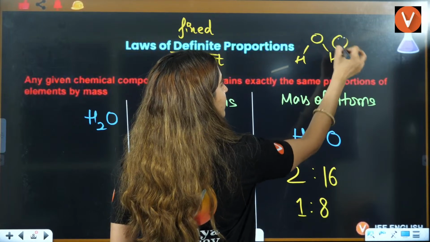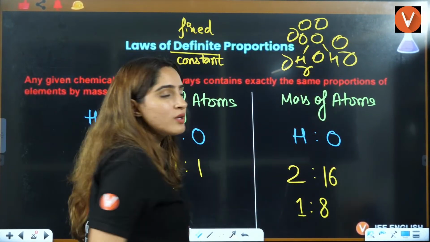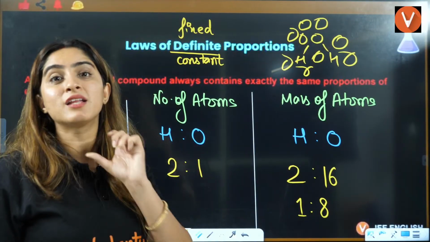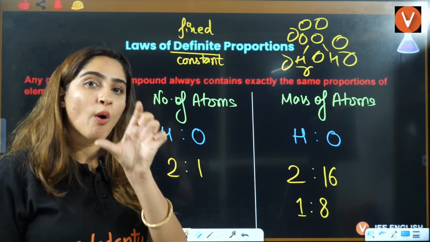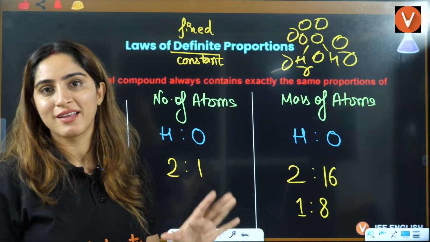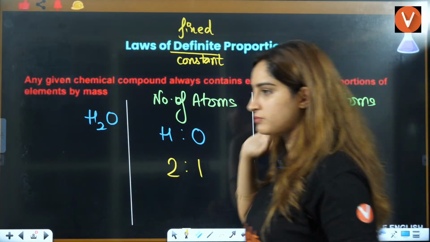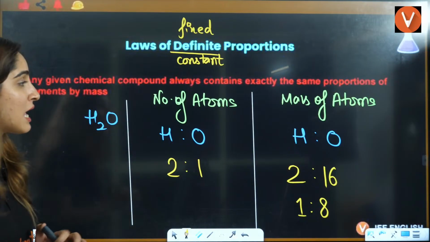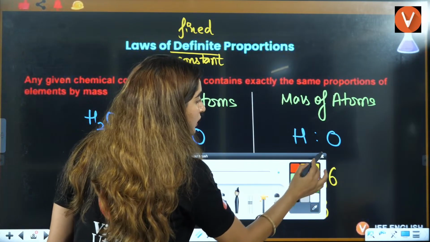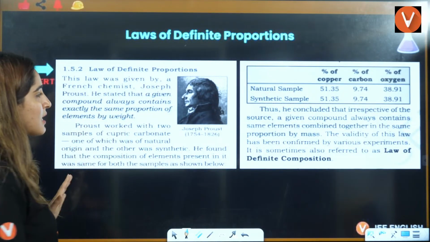Impurities are lying here, and they are not breaking the bond of oxygen and hydrogen in water. That molecule remains the same, and we are talking about the formula of that molecule of water. Okay, understood? Yes.